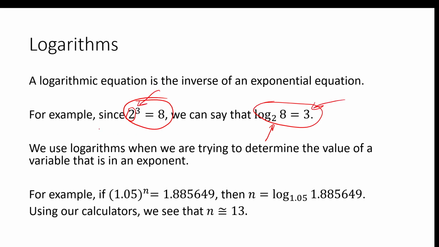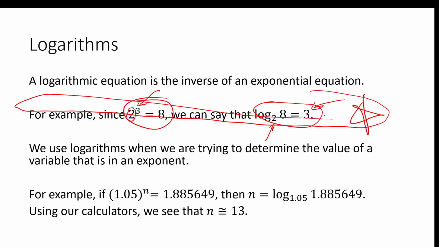Okay? So we use logarithms when we're trying to determine the value of a variable that's in an exponent, and there's literally no substitute for memorizing this sentence. That's a definition. You have to know that definition.